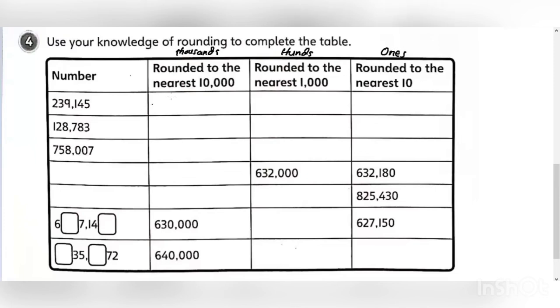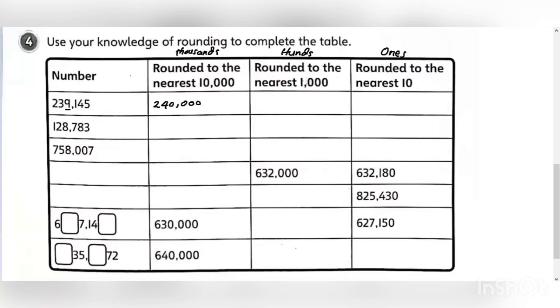Let's see the first number. Round to the nearest 10,000. We see the 1,000. The 1,000 here is 9. 9 is greater than 5. So we round it to 240,000.